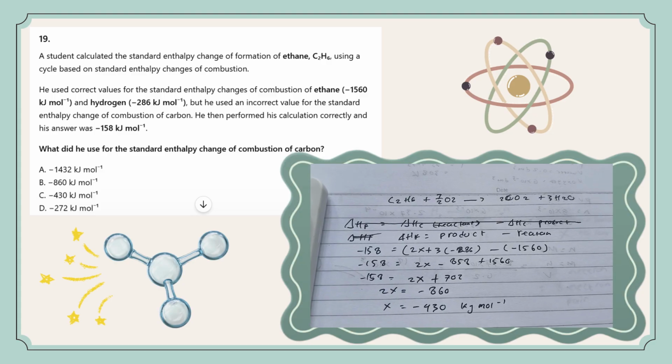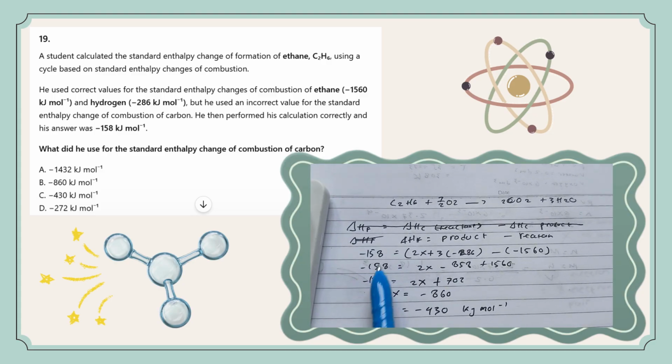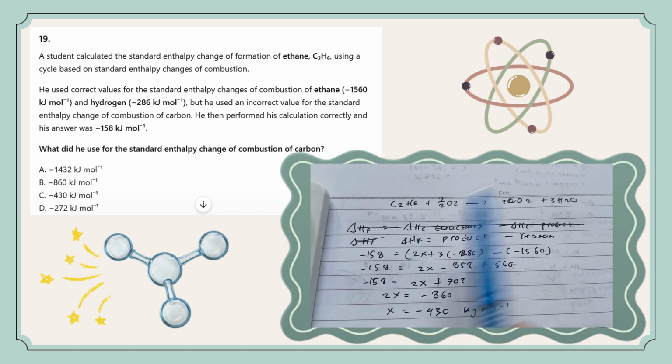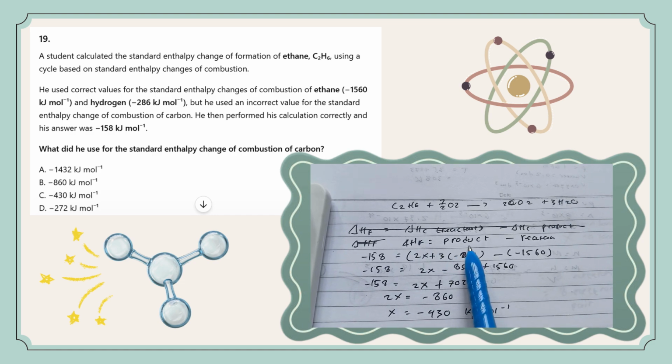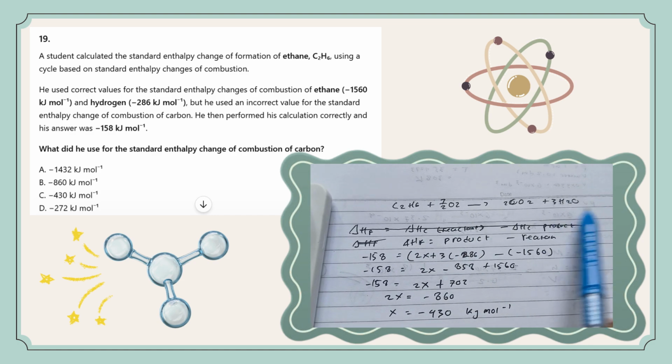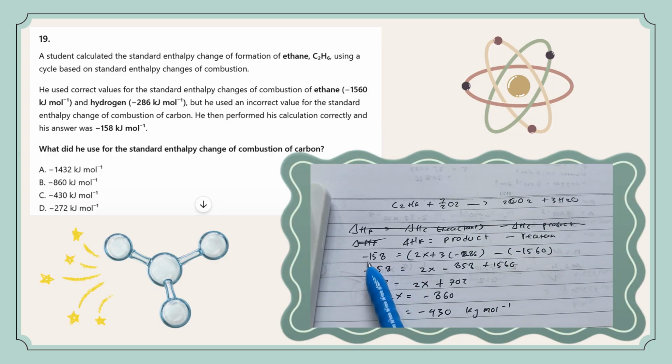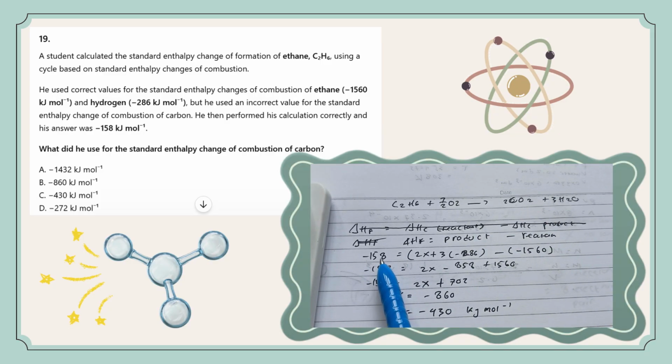Okay, now for number 19, the enthalpy change of combustion of ethane is equal to product minus reactant. This is the product and this is the reactant, and we already know the enthalpy change of formation is equal to minus 158.